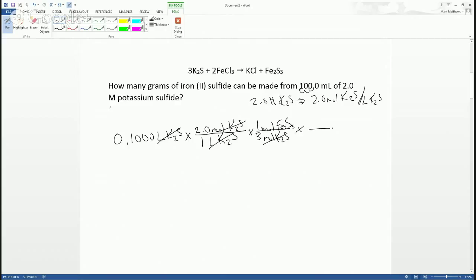And now to convert moles of what we want to grams, since it asks for the amount in grams, anytime you go between moles and grams, use molar mass. And iron 2 sulfide, actually I'm sorry, it's actually 3 sulfide, isn't it? There we go. Iron 3 sulfide, its molar mass is 207.91.